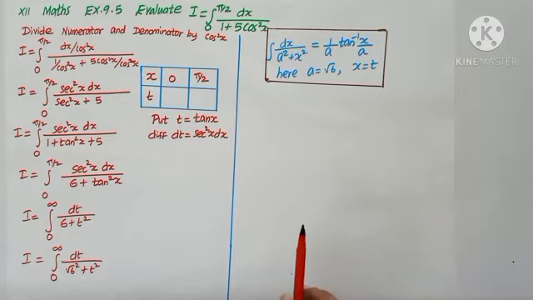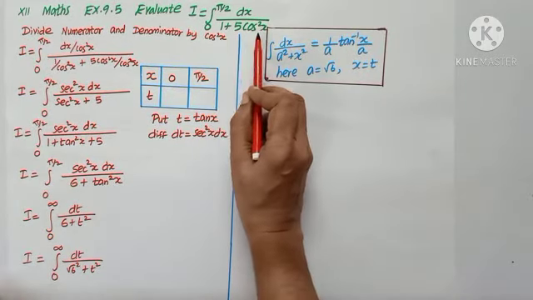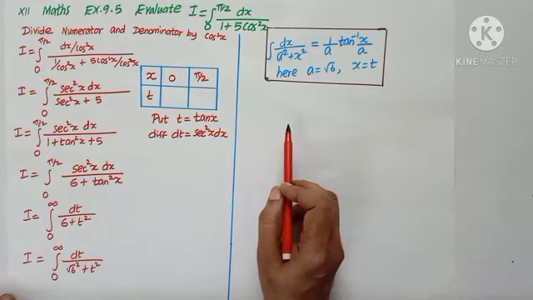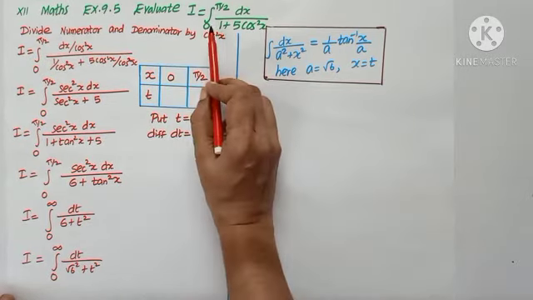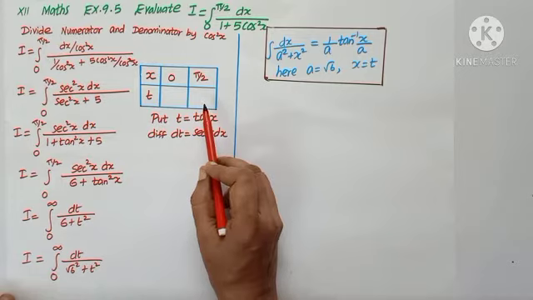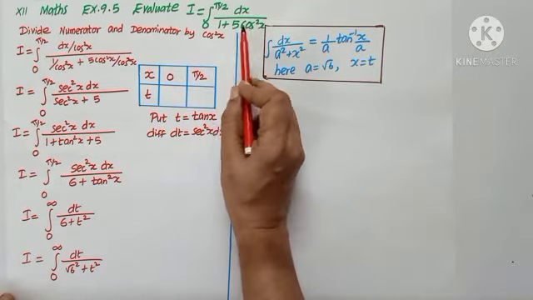Exercise 9.5. Evaluate the integral from 0 to pi by 2 of dx by 1 plus 5 cos square x. The numerator and denominator, we are going to divide by cos square x.